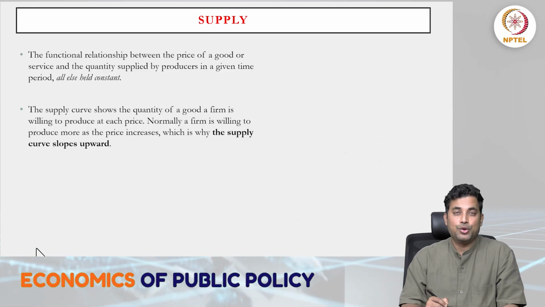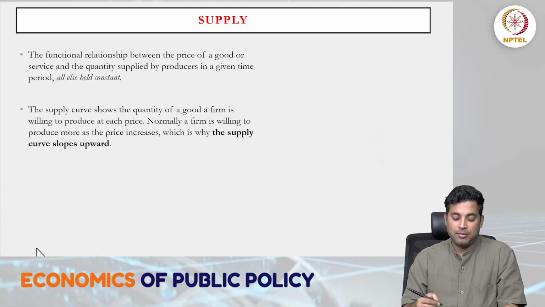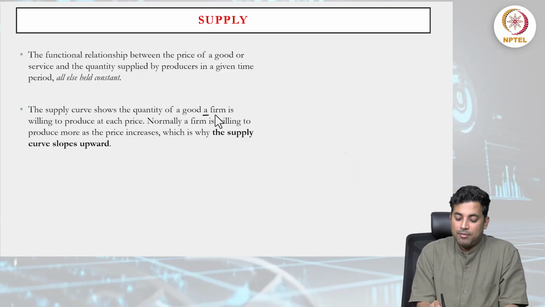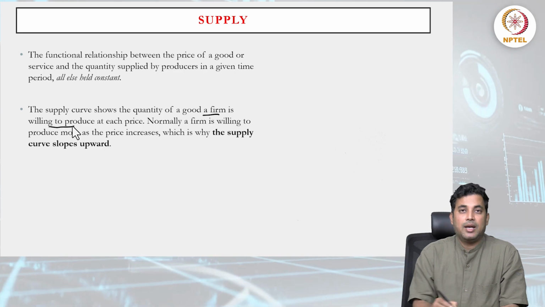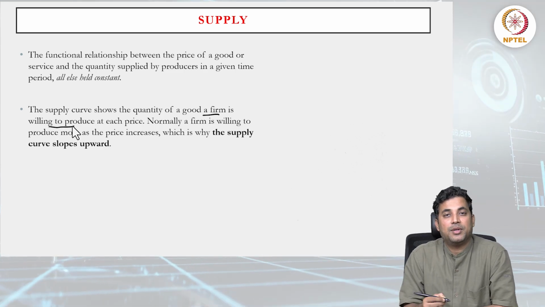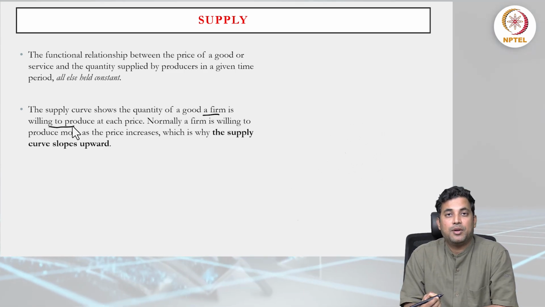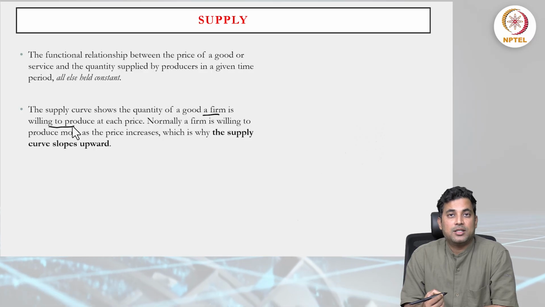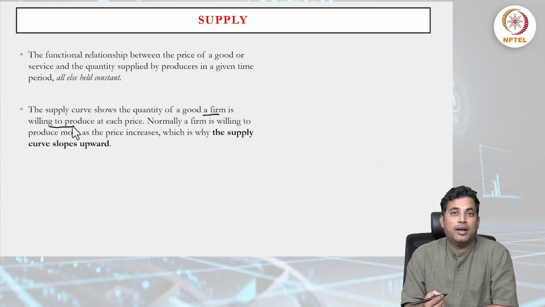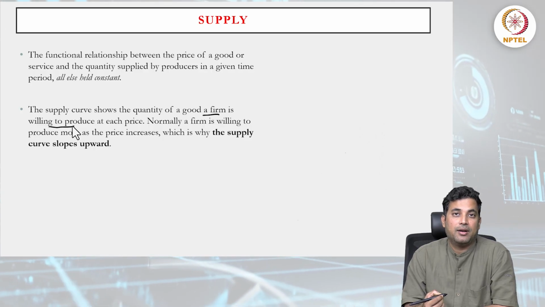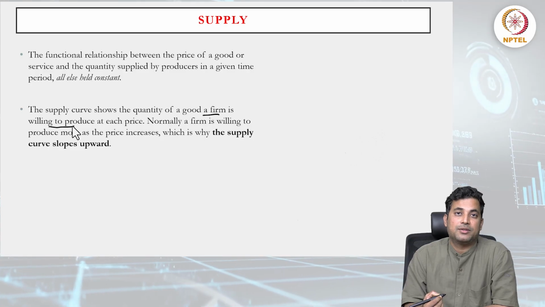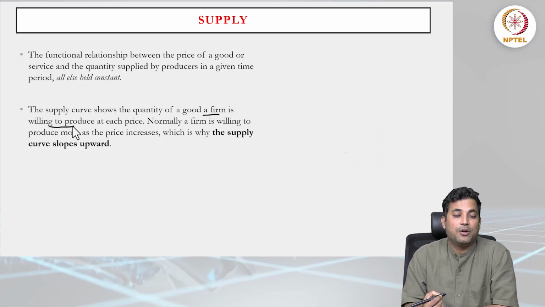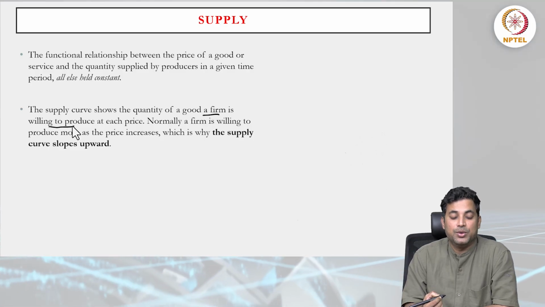The supply curve shows how much of a good a firm is willing to produce, and that's why we discussed the shutdown point, because below that point the firm will incur losses, and therefore it is not viable for producers, or producers will not be encouraged to produce goods and services.